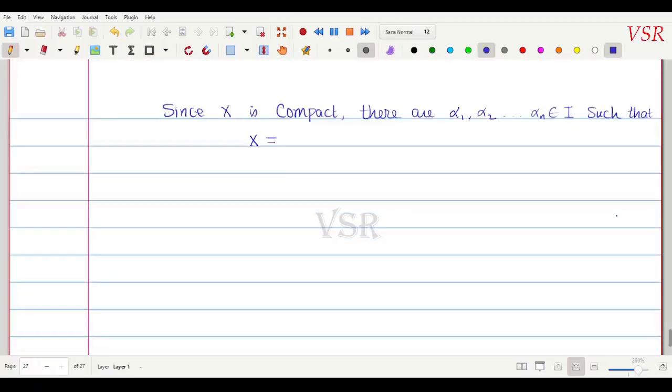So I may write the finite subcover, that is f inverse of V alpha 1 union f inverse of V alpha 2 union ... f inverse of V alpha n. And note that you can easily show that this is equal to f inverse of the union of i equal to 1 to n of V alpha i.